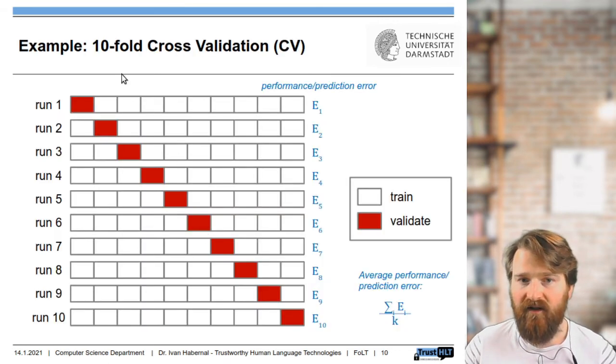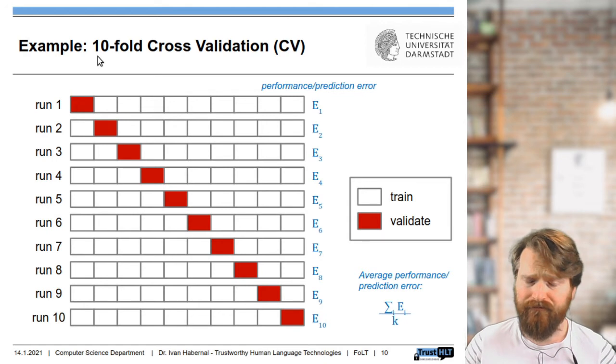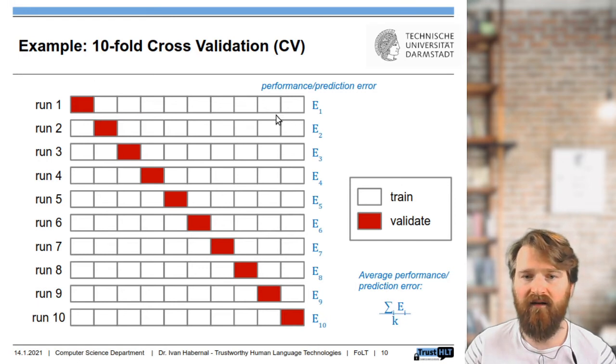Here's an example of 10-fold cross-validation. So what we are running here is 10 different runs. So k is 10. In the first run, we take 9 folds for training our model and one fold for validation. So this is where we train our model, we evaluate it here, and keep the result somewhere. And we repeat that. Then we train on folds 1, 3, and so on, and validate on fold 2.